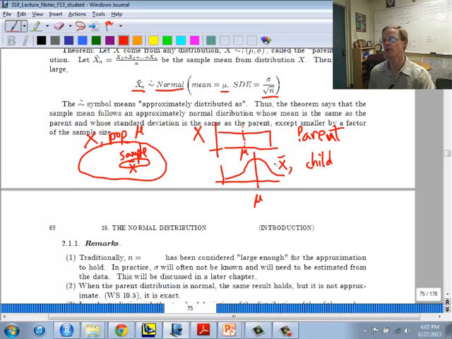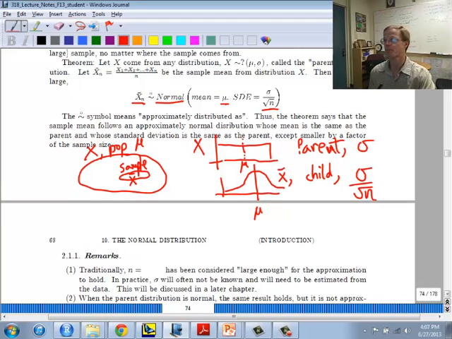This child distribution will have the same mean as the parent. Furthermore, this parent distribution has a standard deviation of sigma. The child has a standard deviation of sigma over the square root of n. It shrinks according to the sample size in our sample, and that's remarkable.